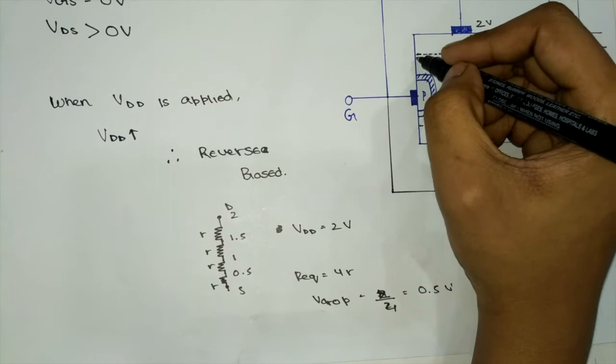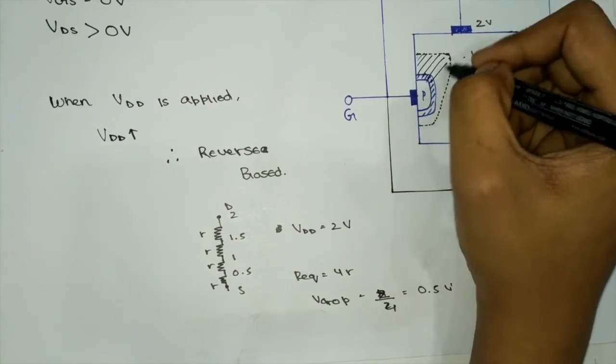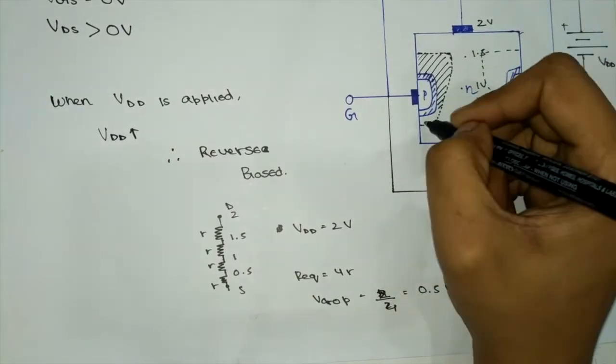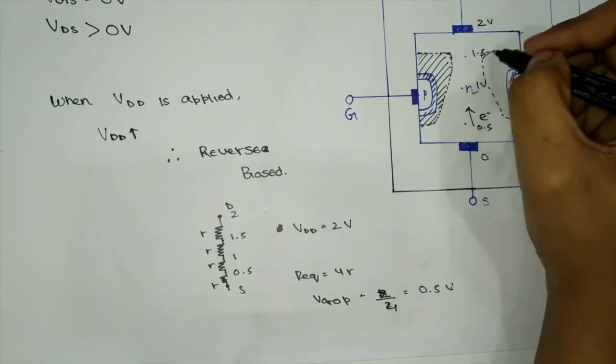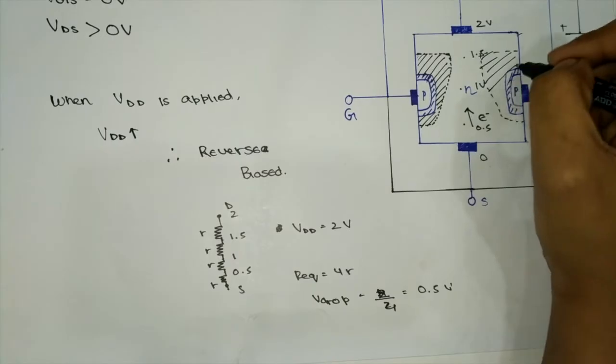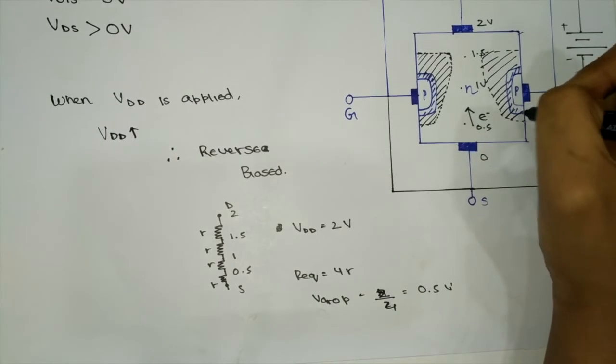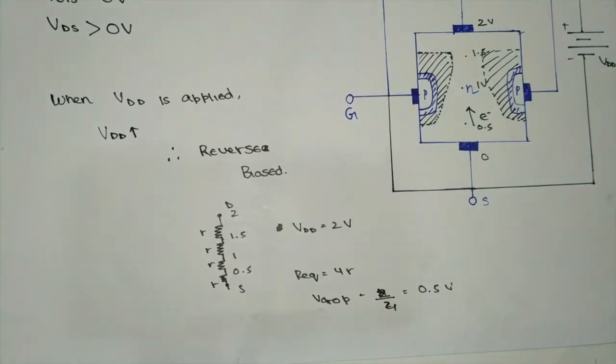Therefore, this justifies the uneven shape of the depletion region thus formed when a potential is applied across the drain and source terminal. If there is no VD provided, or if there is no drain to source voltage, there would be no current ID flowing through the N channel.